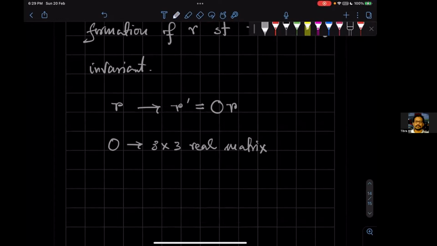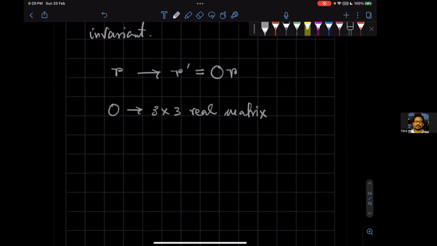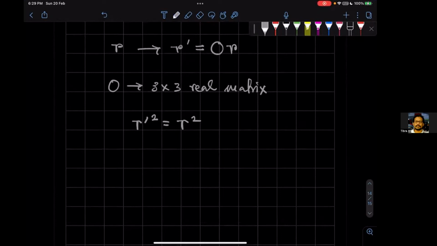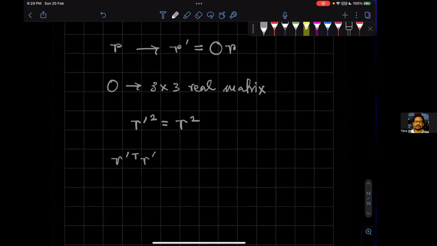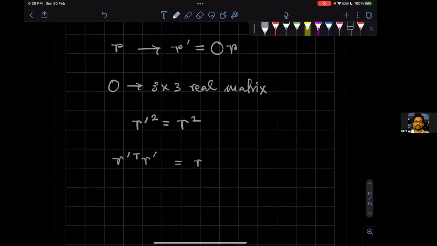Our condition that this linear transformation preserves the norm of R means that R prime squared equals R squared. Or in other words, R prime transpose R prime is equal to R transpose R, right?